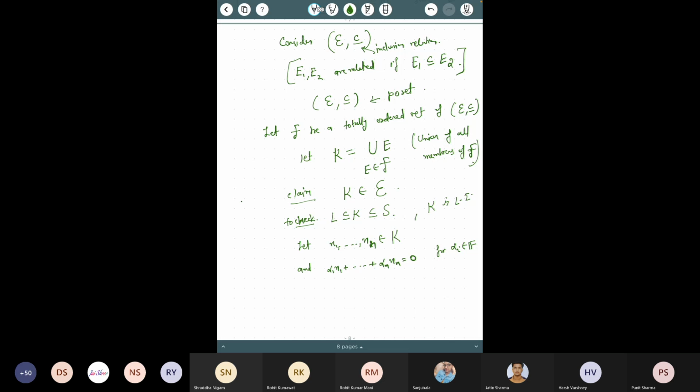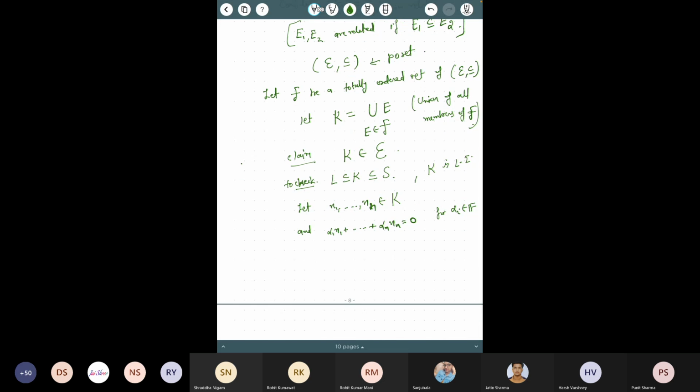Fine. Now why are they linearly independent? Can you tell me why this is the case? Some idea? Since K is the union of all E which are linearly independent, and the relation is increasing, at last all the E will be included in one E, and that will be linearly independent.